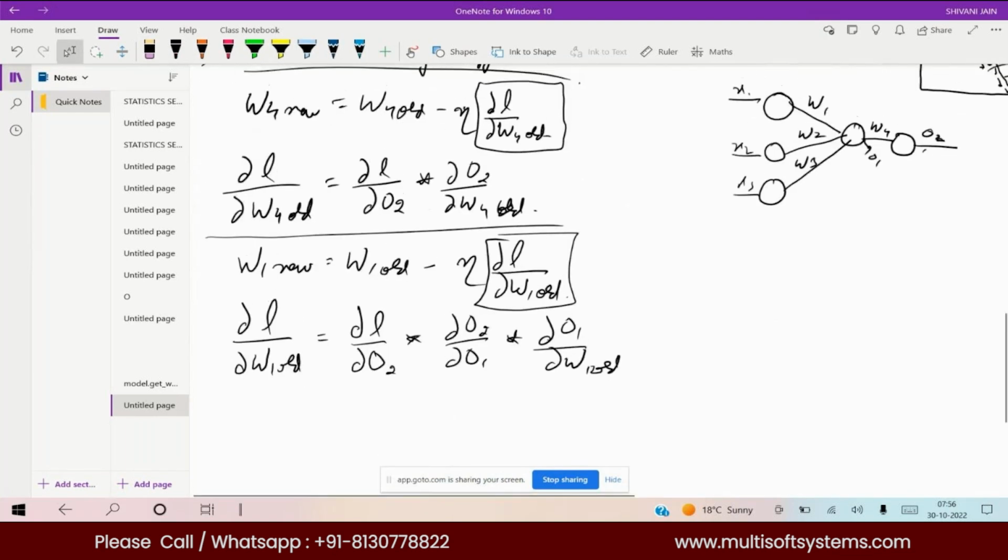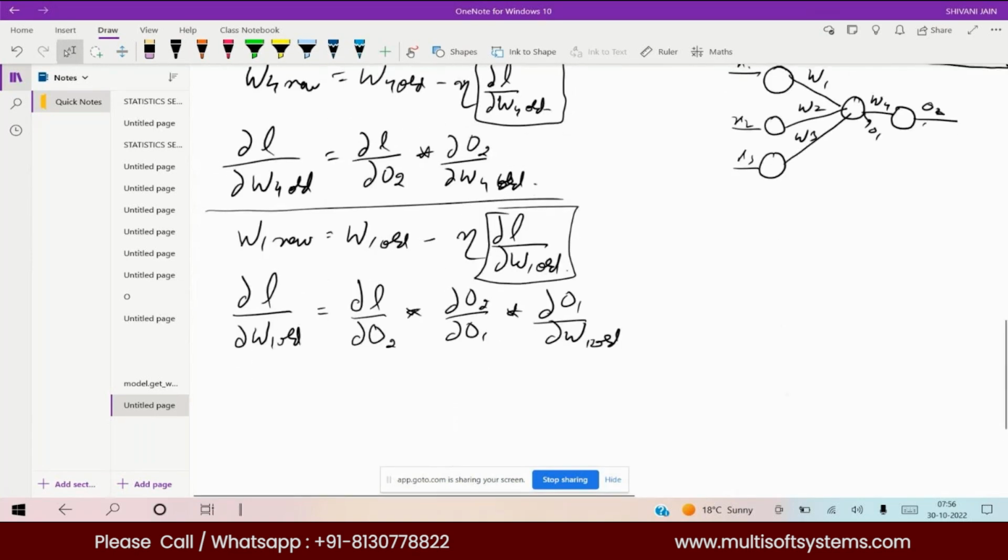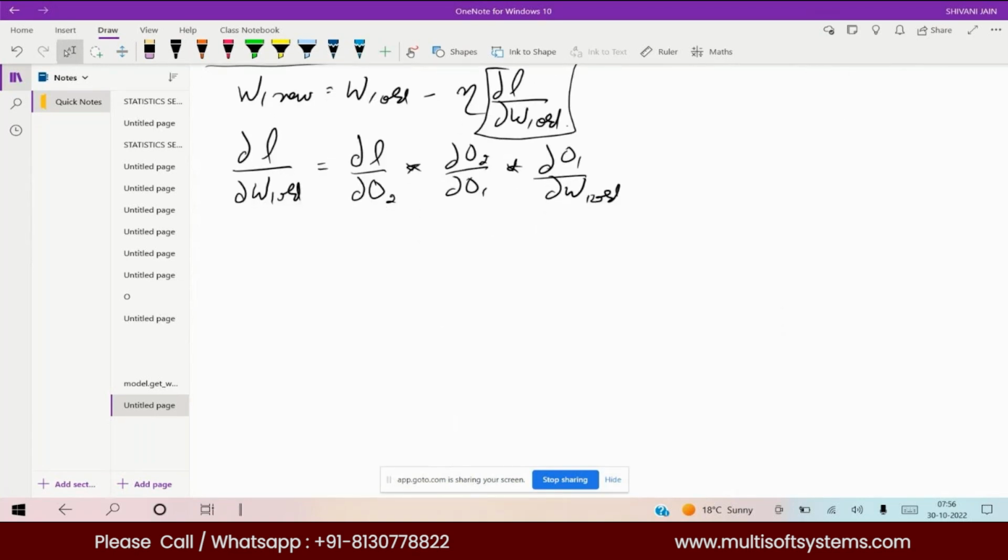Now let's complicate things a little bit. Instead of this easy neural network, let's take a more complicated neural network. This is my input layer, and this is my y hat, the output coming from here. This is my x1.